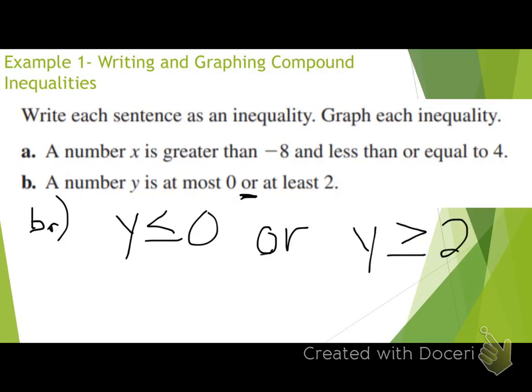Y is greater than or equal to. If it's at least 2, can it be lower than 2? No, so it's got to be greater than or equal to. There's our compound inequality. Is there any other way to write an or compound inequality? Nope. So that'd be your answer. That'd be me writing my sentence as an inequality.